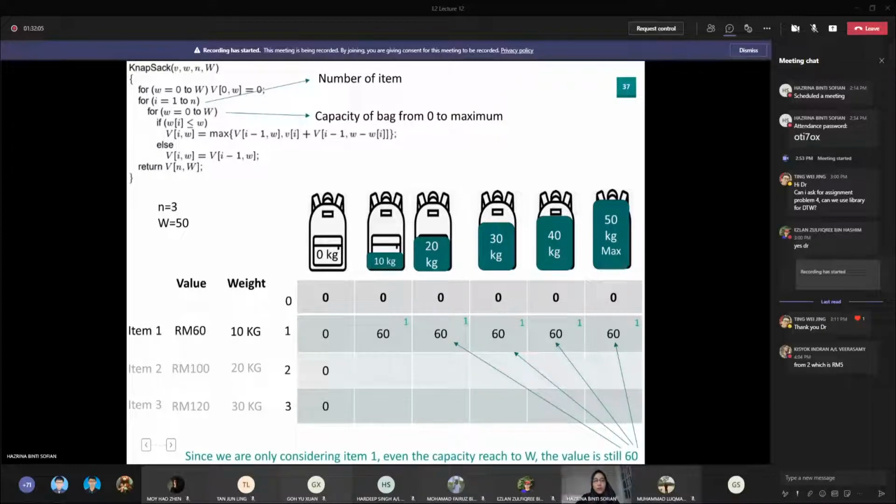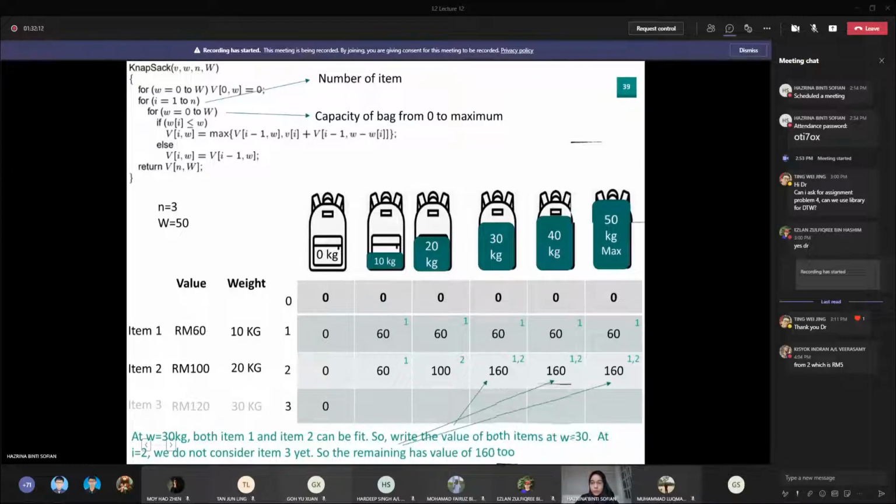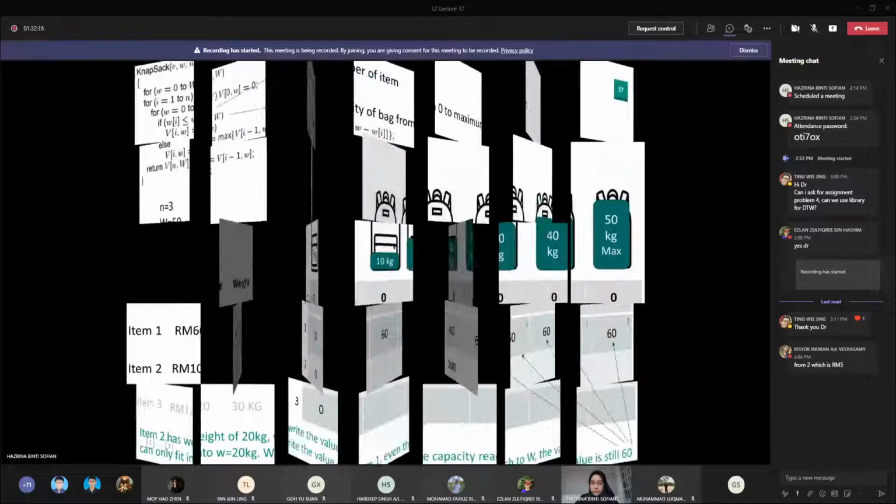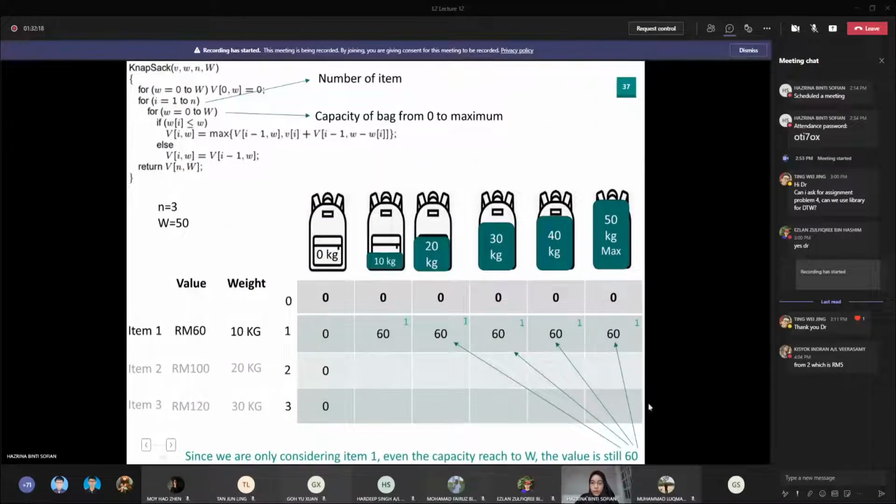So there's no choice. It will still be 60 ringgit. Since we are considering item 1, even when the capacity reaches W, the value is still 60. So we still take item number 1.